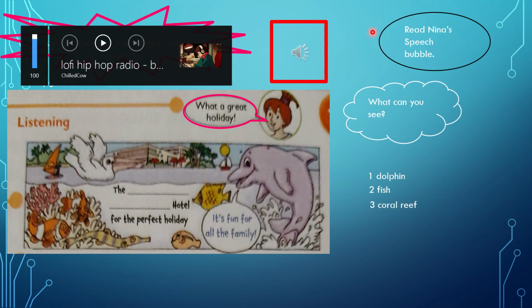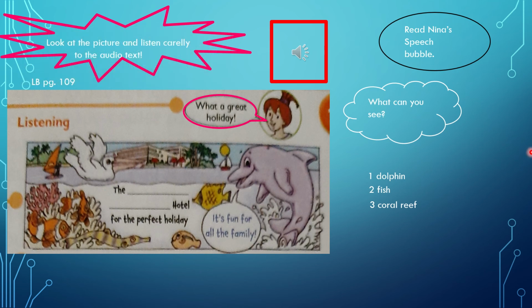We can see a coral reef. See? And the fish are hiding in the coral reef. We can also see a boat. A small little boat. We can see some more fish. And lastly, in the distance, we can see the hotel.